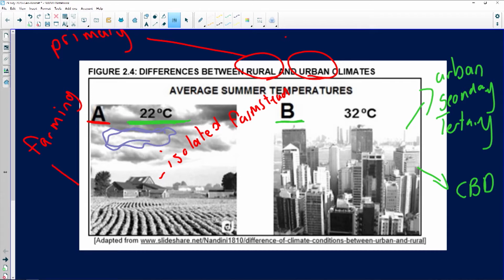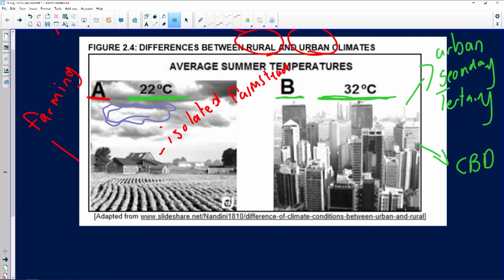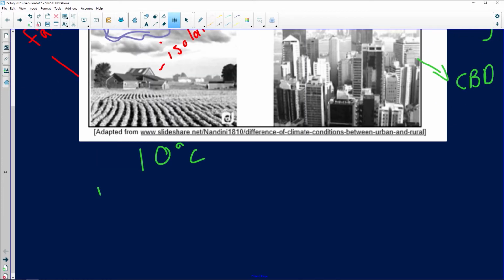Once again, pay attention to the temperature. What's the difference in temperature between the rural area and the urban area? 10 degrees Celsius. So that means the rural area is much cooler.